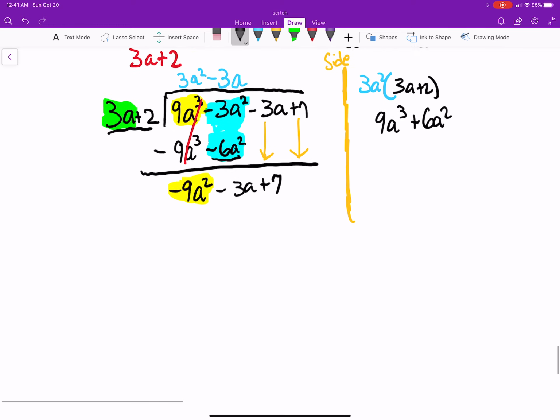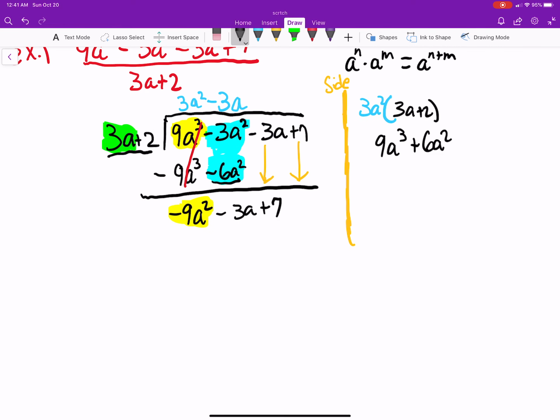So if we go over here, we can do it again. Negative 3a, and then we multiply that by our 3a plus 2. That's minus 9a squared minus 6a. Okay? So down here, minus, and then what we just did, minus 9a squared minus 6a.